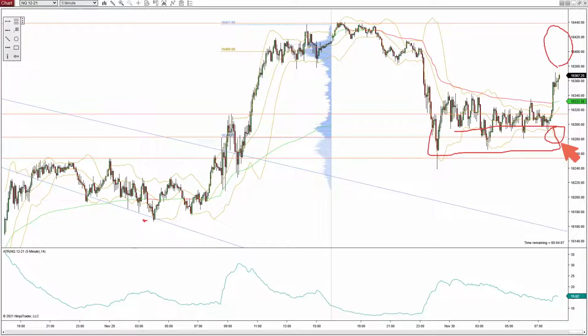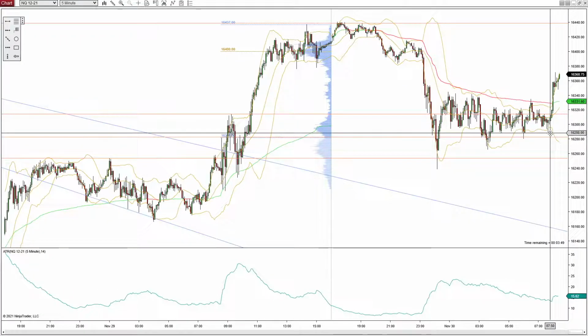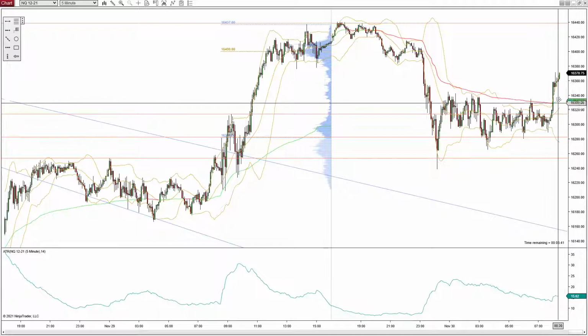If it came down to 16,280, I think you could buy once it hit the bottom of the band on the 5-minute, and get out up here at VWAP. That's 50 points. So that would be another good trade, I think. Yeah, I think those are the two trades right there.